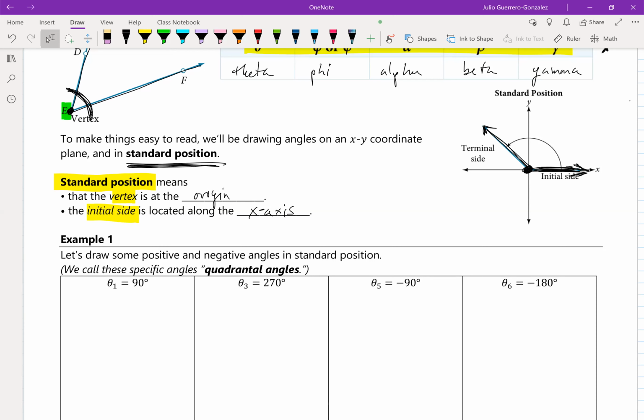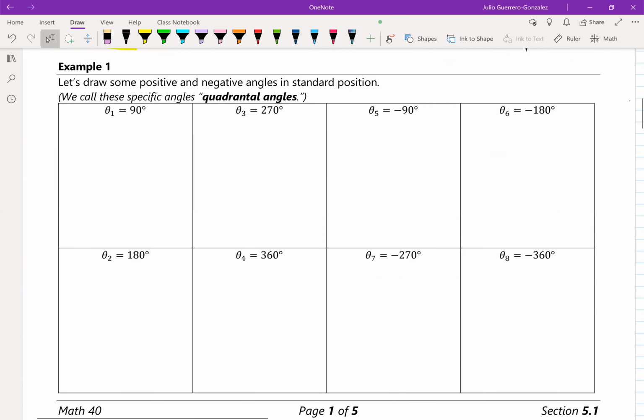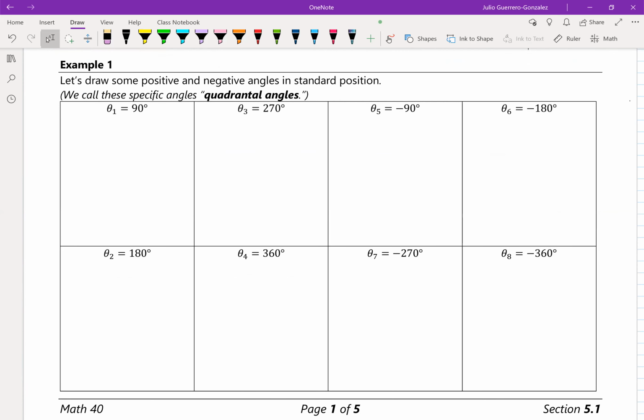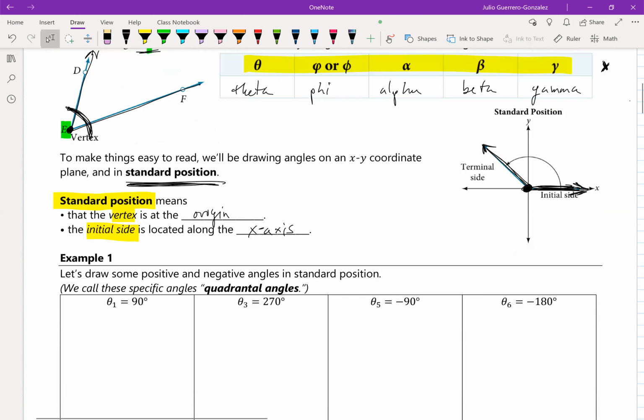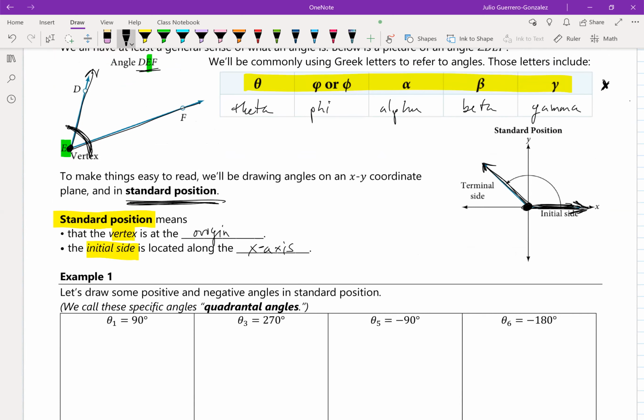So what I want to do is a couple of examples of positive and negative angles. Let me go back up here. An angle that has its initial side right here and goes this way is called a positive angle.